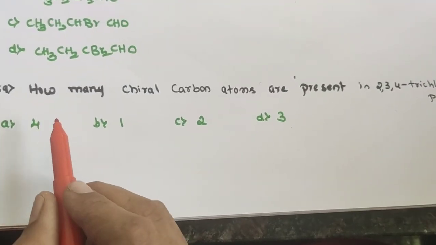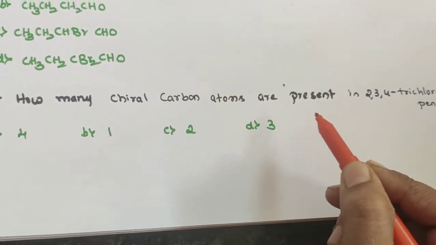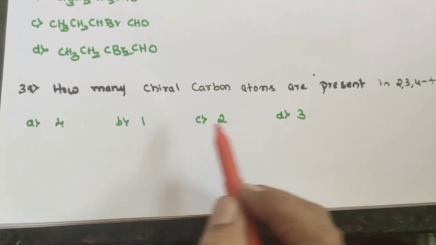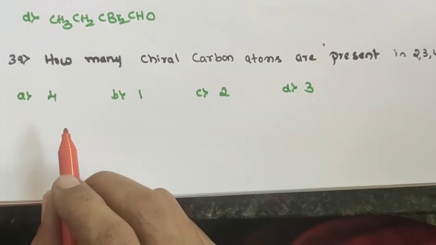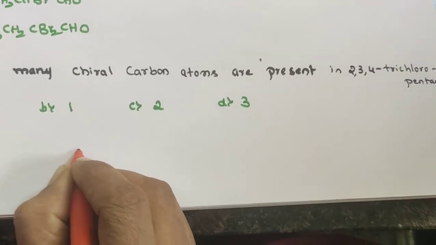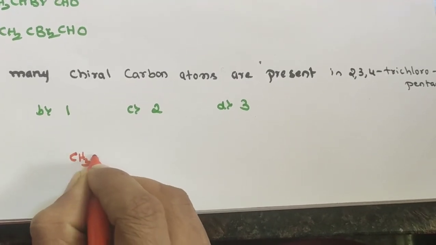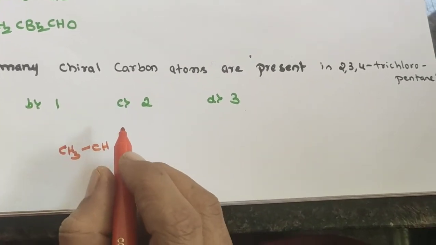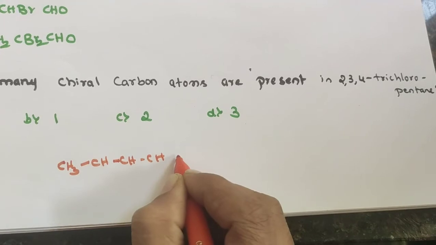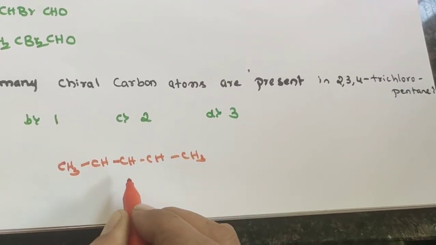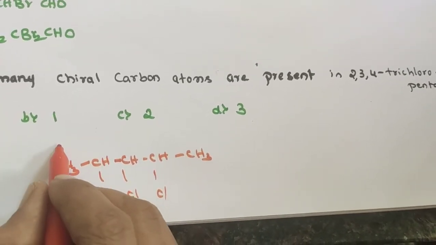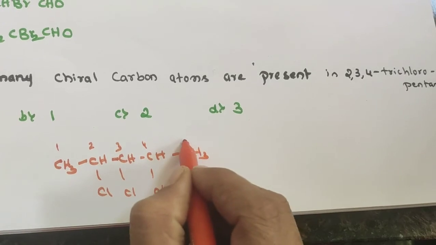The next question is, how many chiral carbon atoms are present in 2,3,4-trichloropentane? The options given are 4, 1, 2, 3. So here I will first write the compound: Cl, Cl, Cl, with carbons 1, 2, 3, 4, 5.